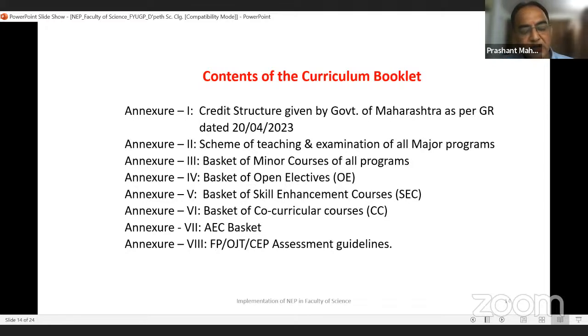The minor subjects may be from the different disciplines of the same faculty. म्हणजे फिजिक्स, केमिस्ट्री, मॅथ्स, स्टॅटिस्टिक्स, different disciplines of the same faculty of DSC major आणि म्हणजे कोर, or they can be from different faculty altogether.